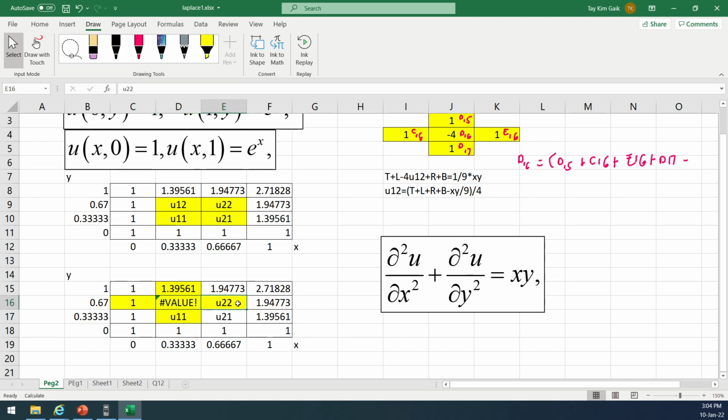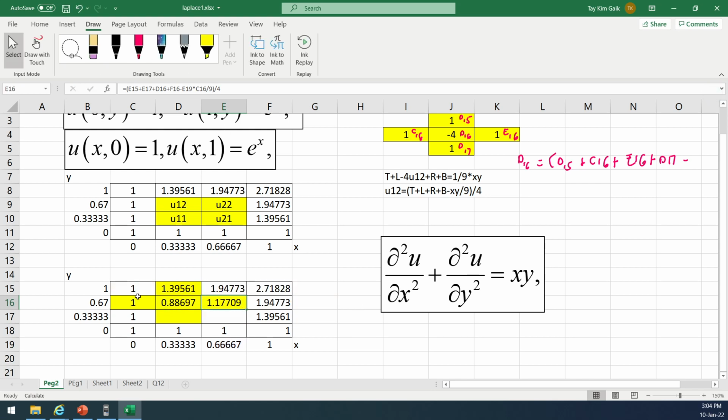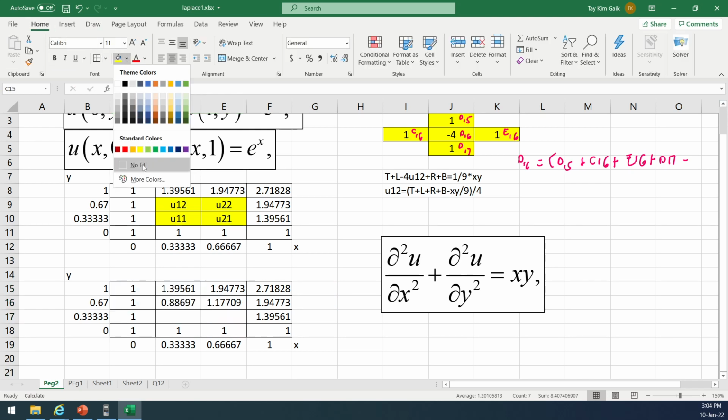It gives you no value because of this. I will show you later, when you copy it, what the problem is. When I copied, don't put the yellow color, you cannot see where the cell is.